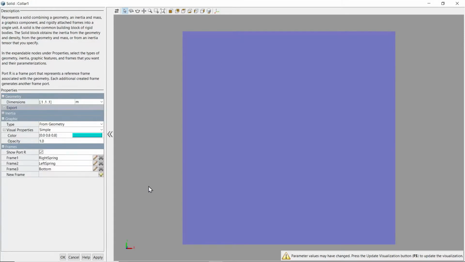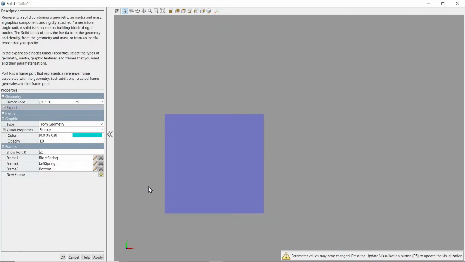And we need a frame at the top of this. Well, let's change the dimensions first. We said that the pendulum is 1 meter long, and I can make it 0.1 and 0.1. 1 meter long.